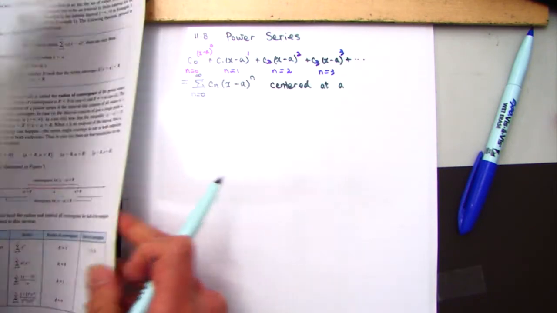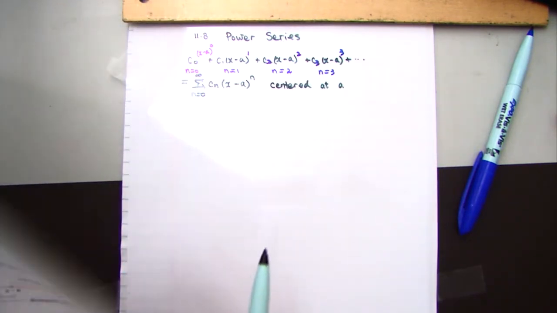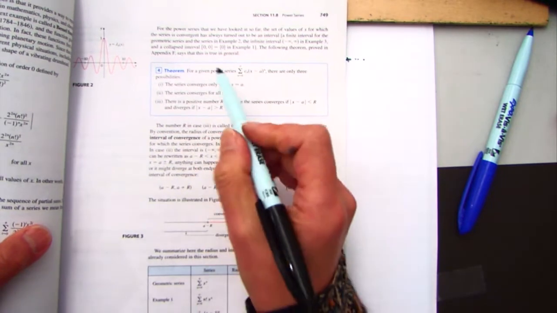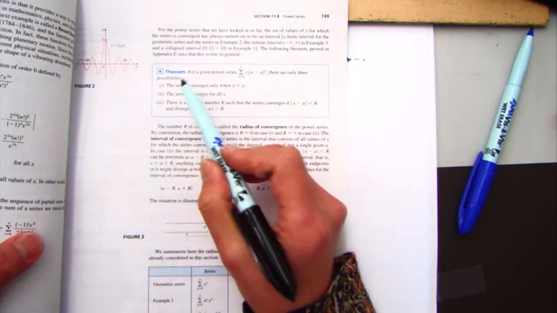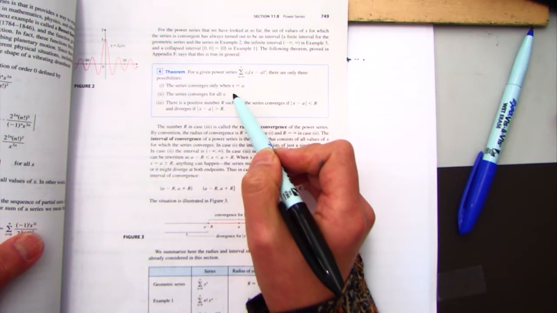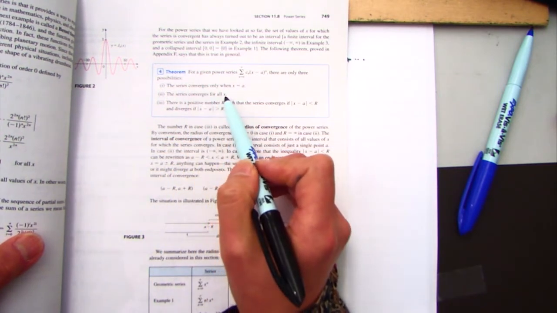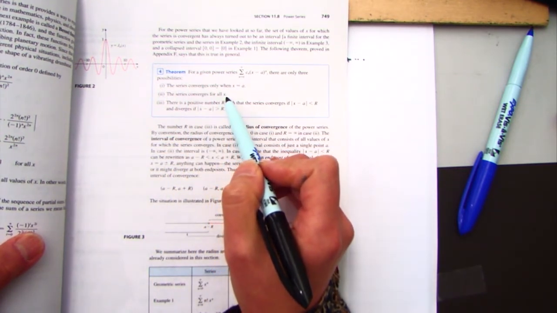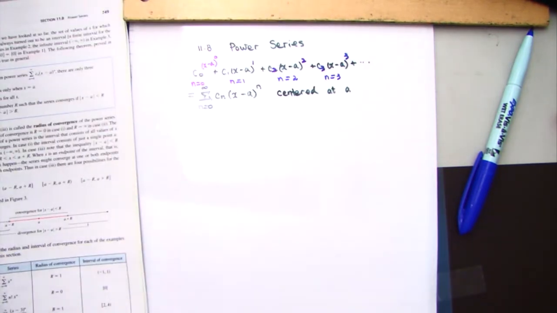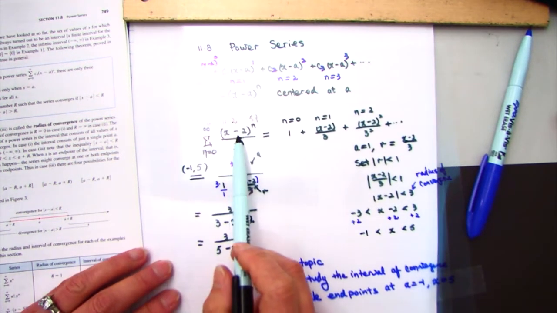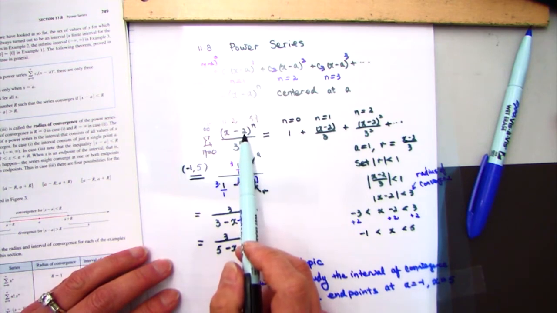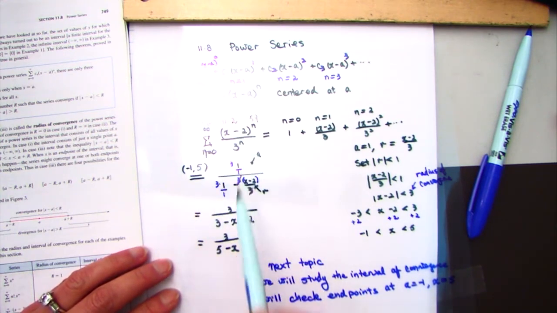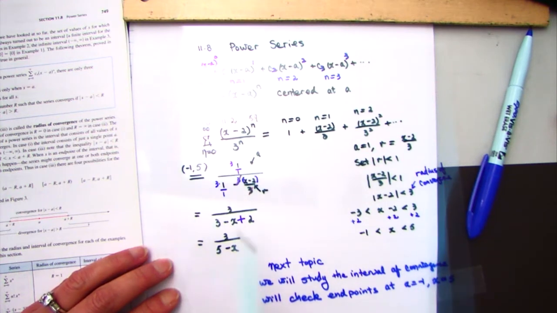Now, what am I going to do with power series? For any given power series, there are 3 possibilities. The series converges everywhere. So the example you and I just did, a power series centered at 2, converges to this rational function in the small window from -1 to 5.